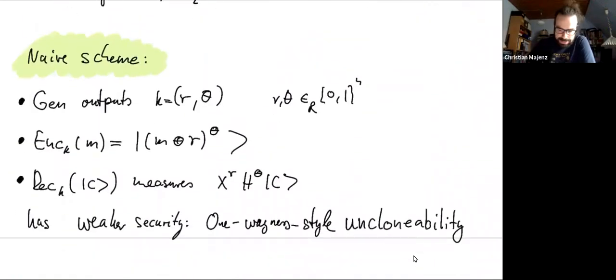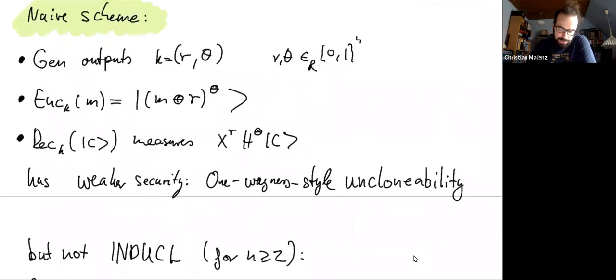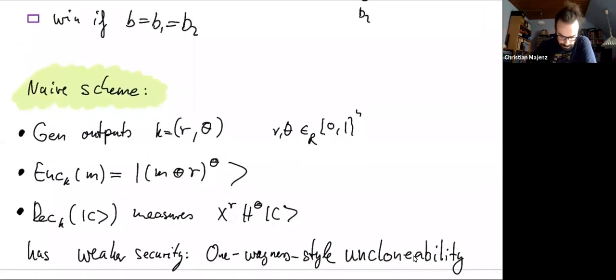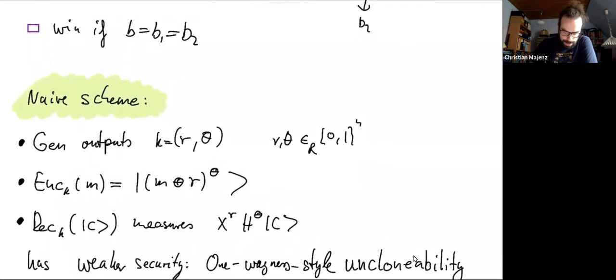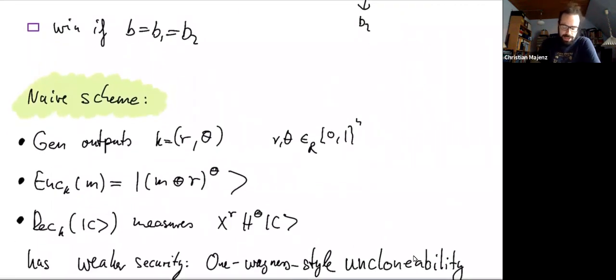So now let's have a look at a naive scheme using BB84 states. Here, key generation just generates two random strings, R and theta, which are n-bit strings. Encryption takes the message, encrypts it using the one-time pad, but then encodes the corresponding one-time pad ciphertext in the BB84 basis, using the other string, theta.